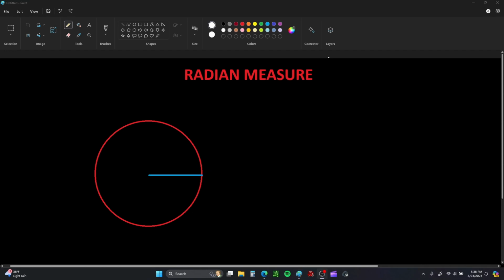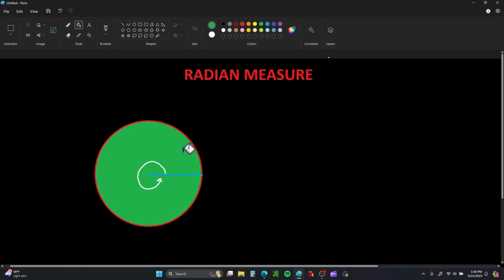Now, in working with radian measure, the first position that we should know about is if we're starting from the standard position and we go all the way around, this here is considered 2 pi. So theta here is 2 pi.